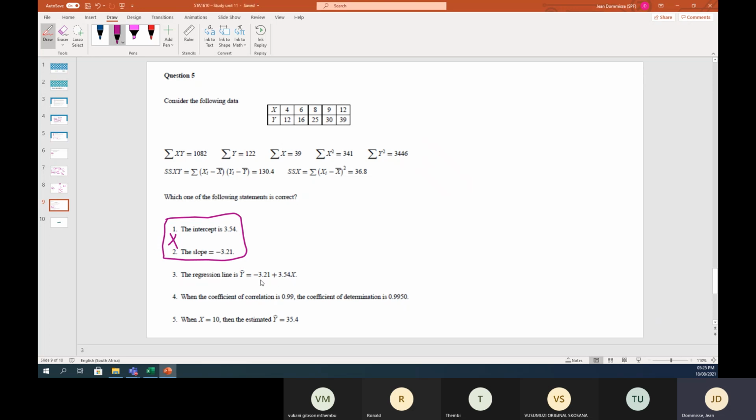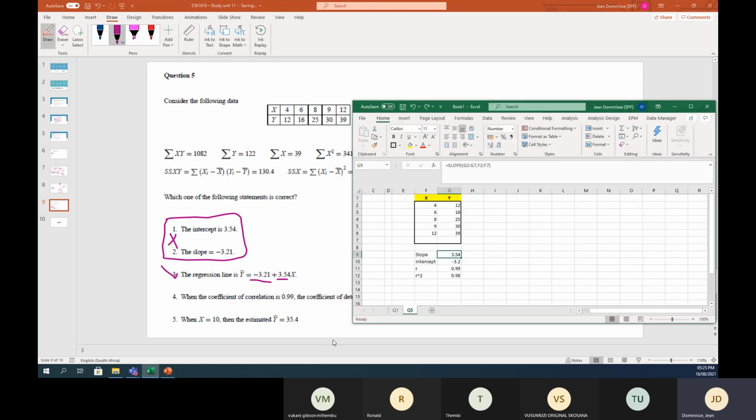So the intercept is minus 3.21 and your slope is 3.54. So that one is correct. But let's look at the others. I actually calculated the other ones as well, so let's just see.